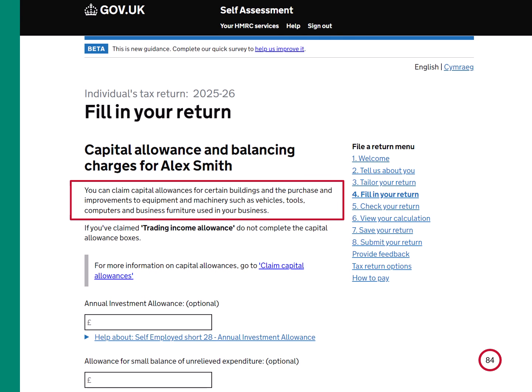If you're using traditional accounting, capital allowances can be claimed for some buildings and the purchase and improvement to equipment and machinery, such as vehicles, tools, computers, and business furniture used in your business, sometimes known as plant and machinery. However, if you're using cash basis, you can only claim capital allowances on cars used in your business as long as you aren't using simplified expenses for the vehicle.